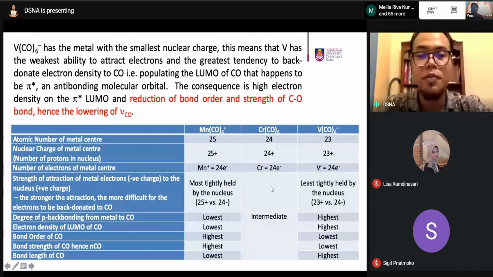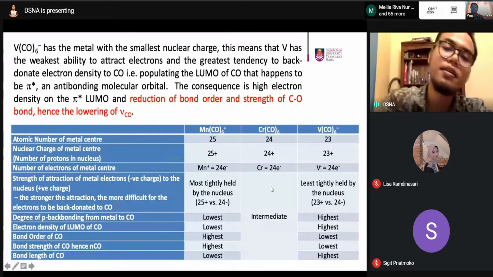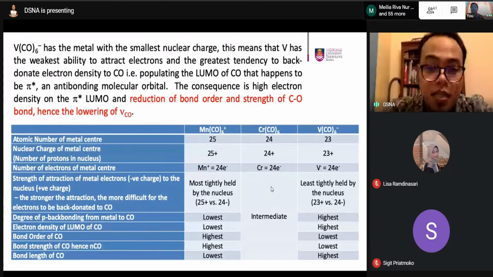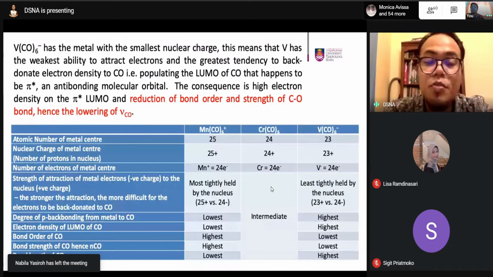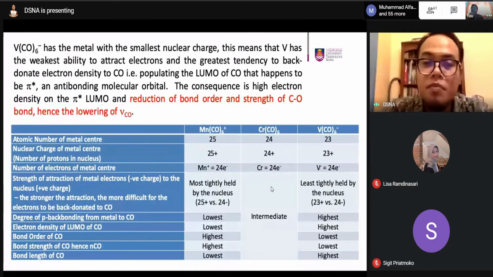Now we need to compare, kita perlu membandingkan di antara nuclear charge dan juga jumlah elektron. Jadi untuk manganese here, nuclear charge yang 25, elektron yang 24. So the nuclear charge is greater than the electrons.